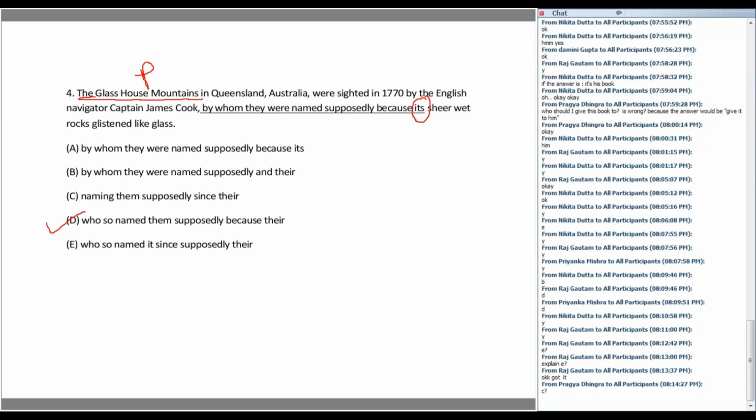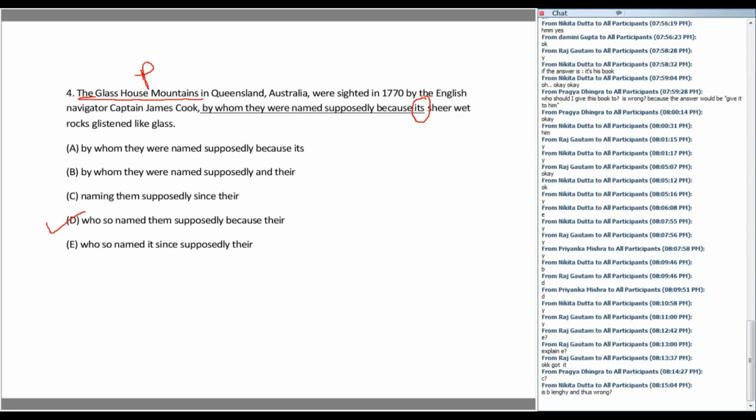The Glass House Mountains were sighted in 1770 by the English navigator Captain James Cook, who so named them supposedly because their sheer wet rocks glistened like glass. Now, C is wrong.